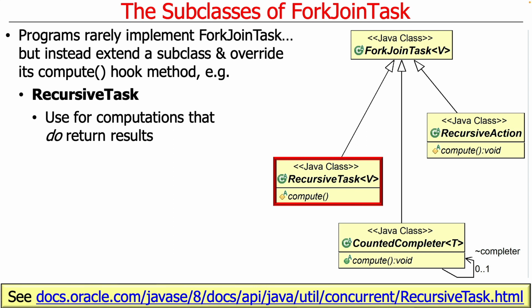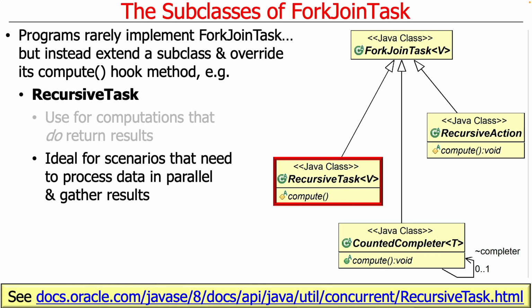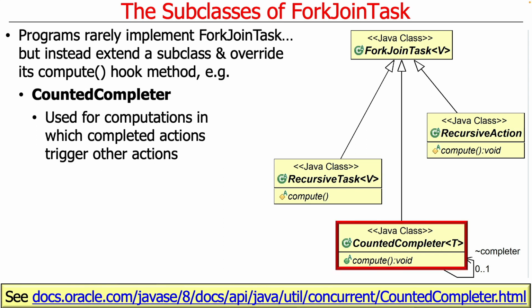So compute's going to return a value of type V. This is ideal for scenarios that need to process data in parallel and then gather the results together and return them. For example, if you're going to be doing some kind of image crawl, you might want to return a count of the number of images that you crawled at some level in the recursively structured directory or folder hierarchy. That would be the way you would do it, through a RecursiveTask.